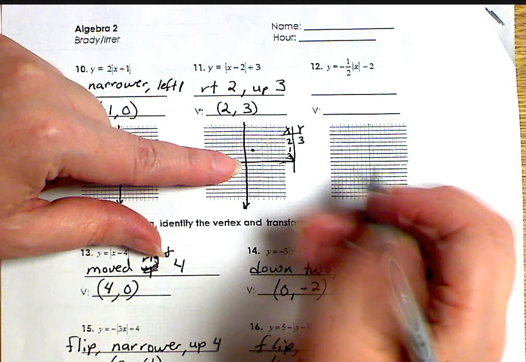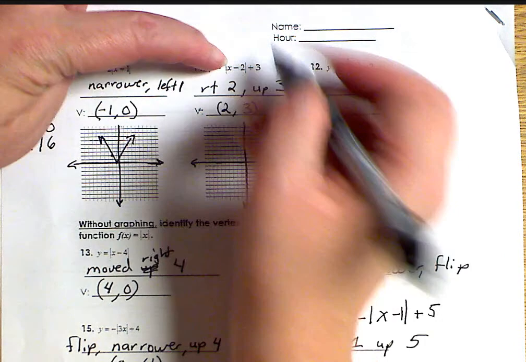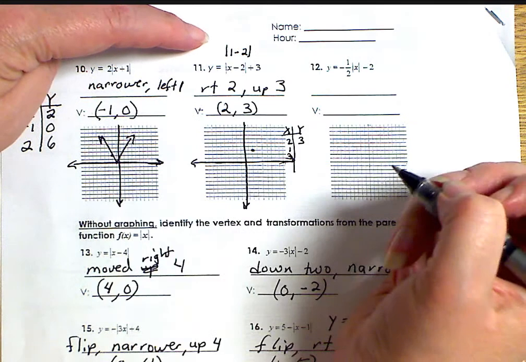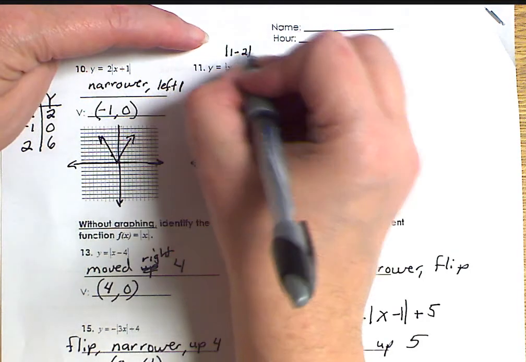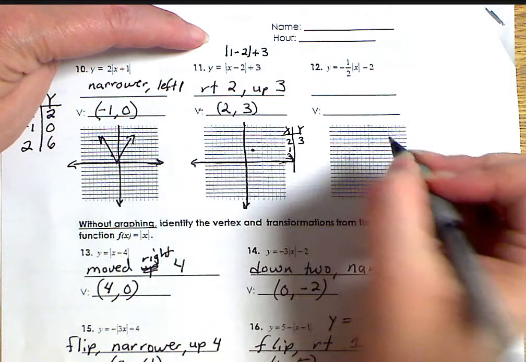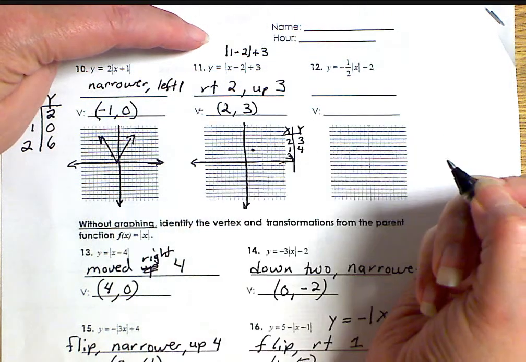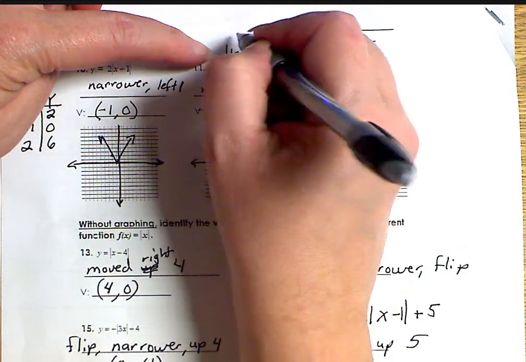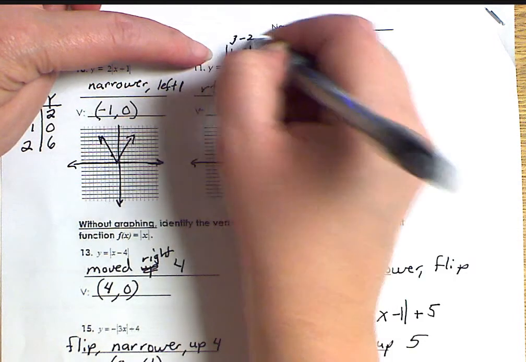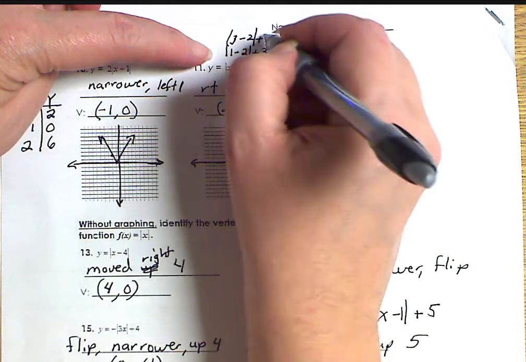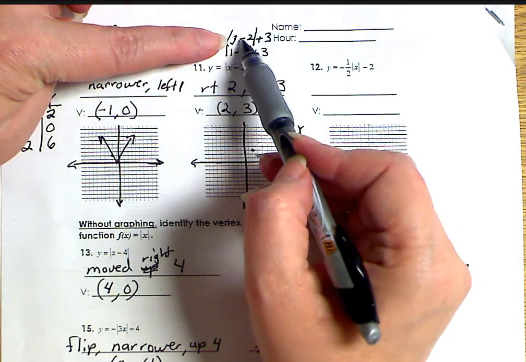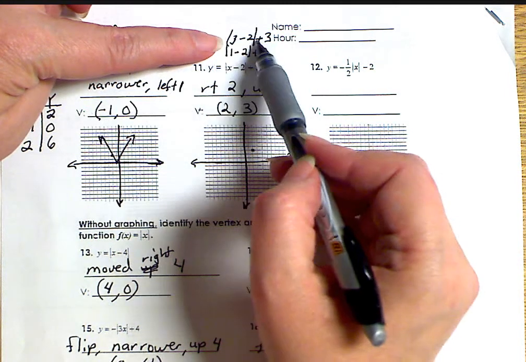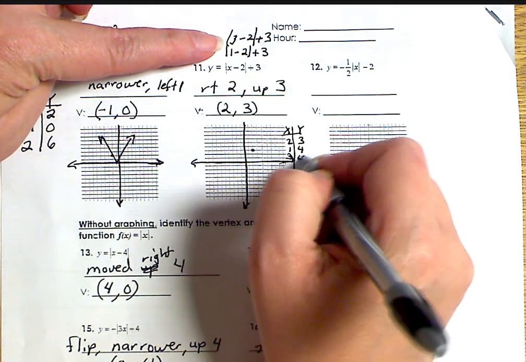Putting in 1: 1 minus 2 absolute value is 1, plus 3, 4. Then putting in the 3: 3 minus 2 is 1, absolute value 1, plus 3 is 4. So we have 2, 3.